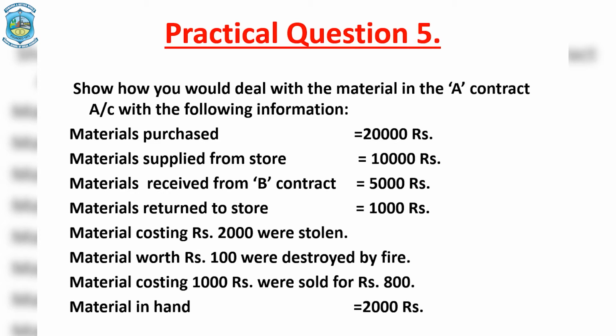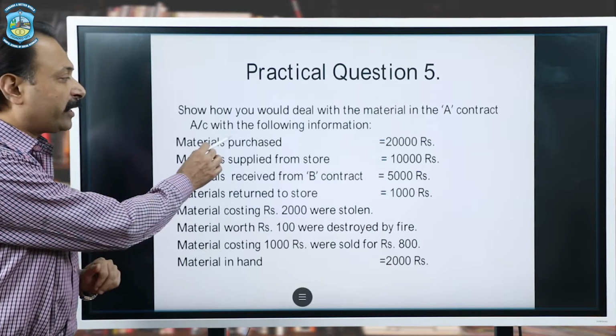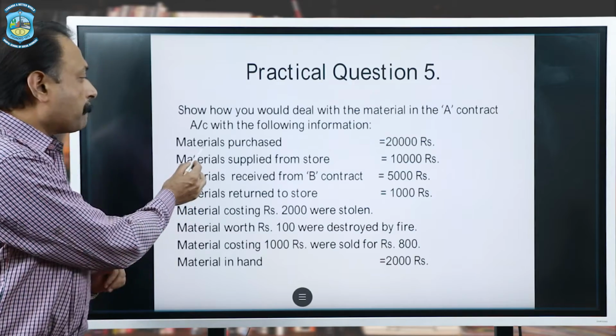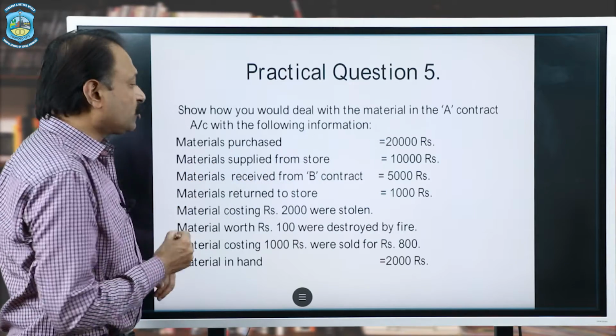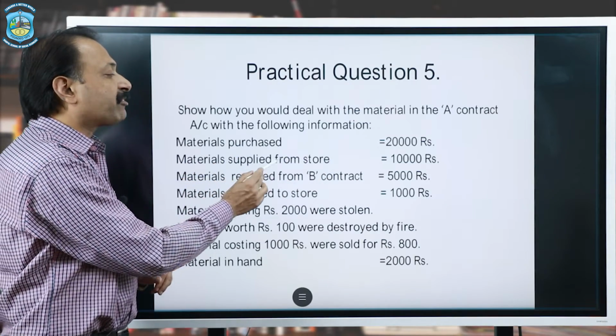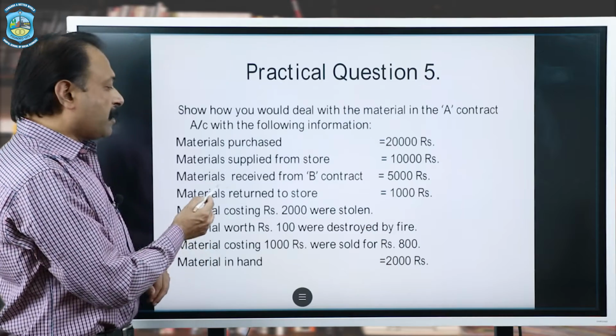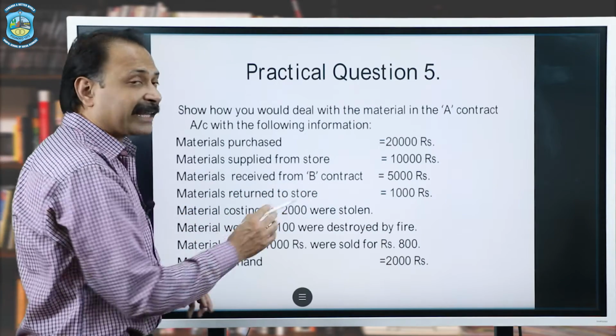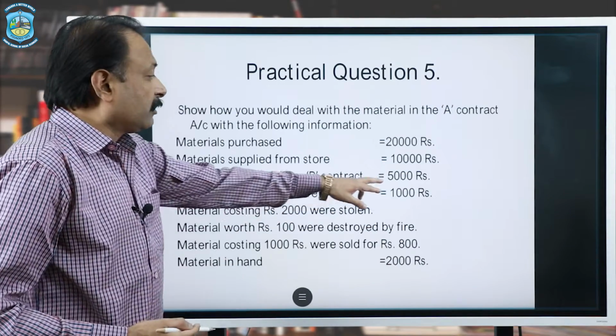This is another question. In this question, the information given is: show how you would deal with the material in the A contract account with the following information. Material purchased 20,000 rupees, material supplied from store 10,000 rupees, material received from B contract, that is some other contract, 5,000 rupees.